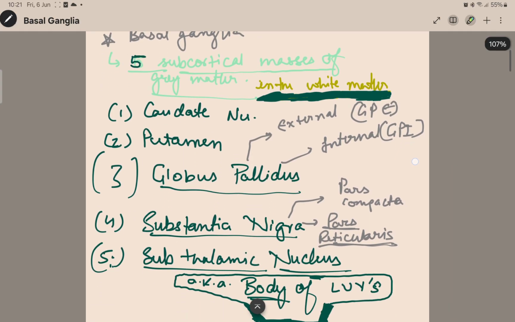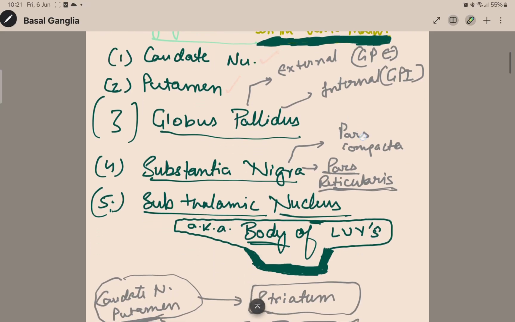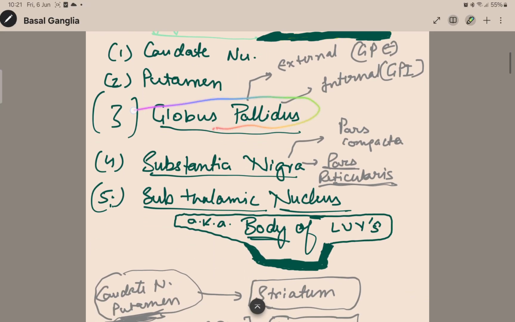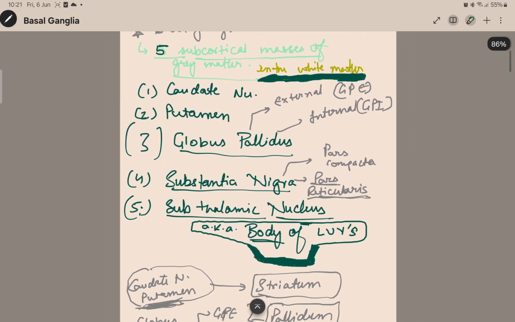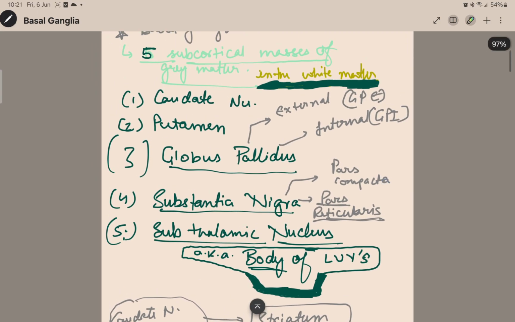What all is included in it? Caudate nucleus, putamen, globus pallidus, substantia nigra, and subthalamic nucleus, also known as body of Luys. And there are further subdivisions in the globus pallidus. Globus pallidus is externus and internus, stated as GPE and GPI.